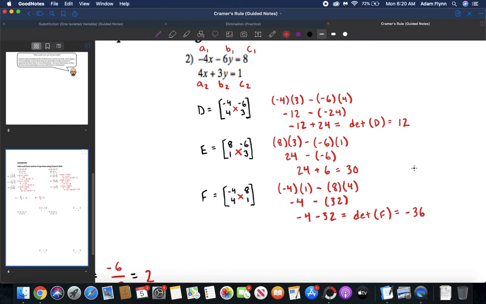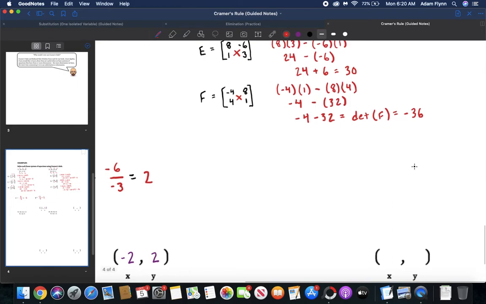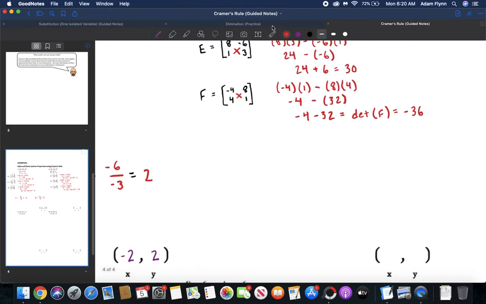All right, so we have all three determinants now, so we can scroll down a little bit. So X and Y. We know that X is going to be determinant of E over determinant of D, so that is going to be 30 over 12. So if we simplify that, 3 goes into both 30 and 12. 6 also goes into 30 and 12.